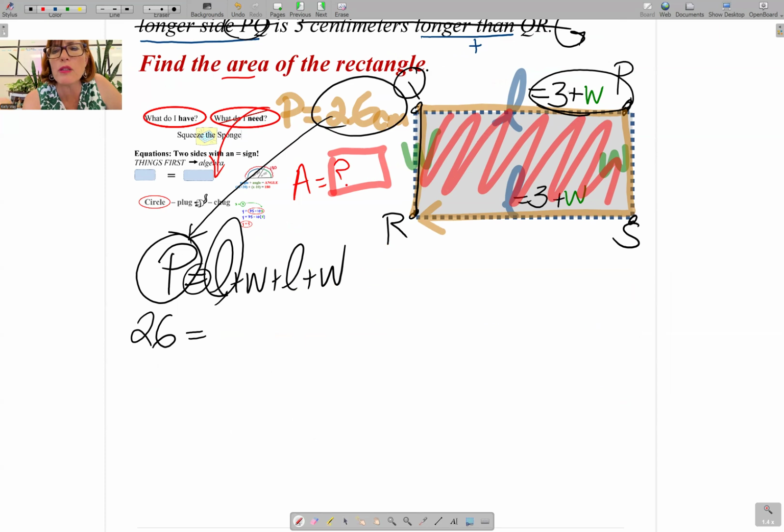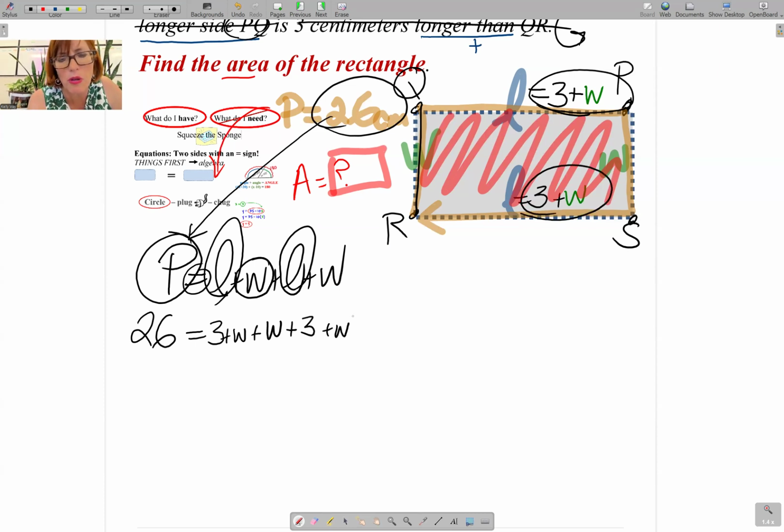I could replace the length with 3 plus W plus, there's another W. Keep circling every aspect of it, plus another length, which is 3 plus W, plus another W. By circling the pieces of the equation, you are less likely to drop a term.